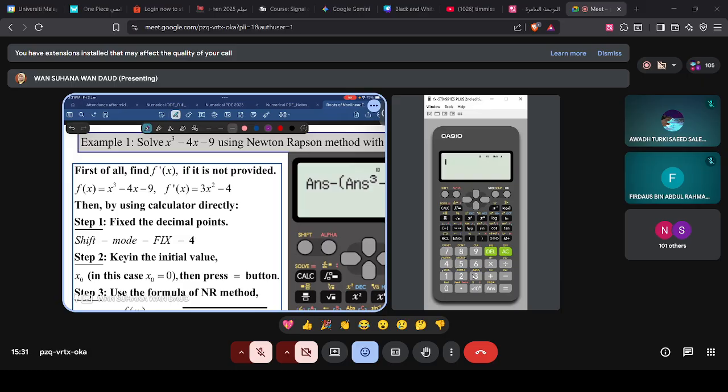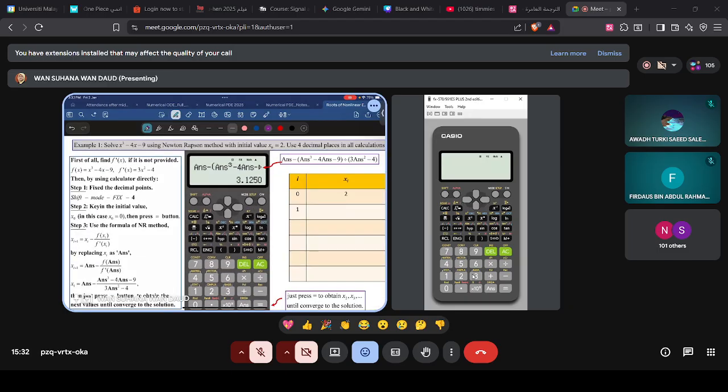In this case, we have x cubed minus 4x minus 9, so differentiate it, you get 3x squared minus 4. I hope everyone is clear with the differentiation. Why did we do the differentiation? Because the formula requires the differentiation. So first, you have to have the initial value. Second, we differentiate f(x) and get f prime(x).